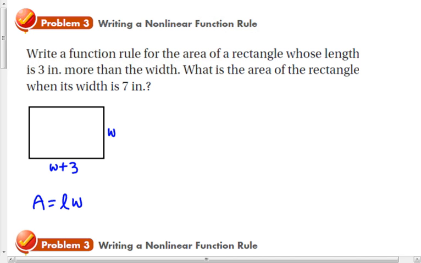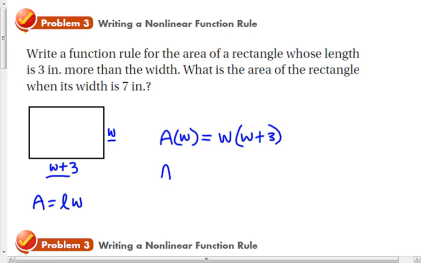But in this case, the area is a function of the width. And we're going to use these two expressions to get that. We're representing the width as W, and then we're representing the length as W plus 3. So length times width is W times the quantity W plus 3. And then it says, what is the area of a rectangle when its width is 7?